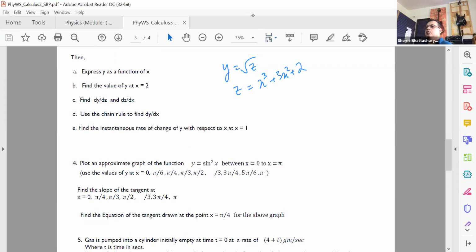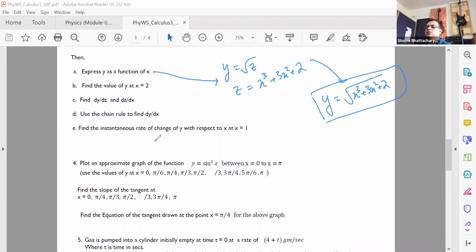So when you want to express y as a function of x, you have to just connect these two. So y is equal to square root of x cube plus 3x squared plus 2x plus 2. And then you just apply your normal chain rule concepts.